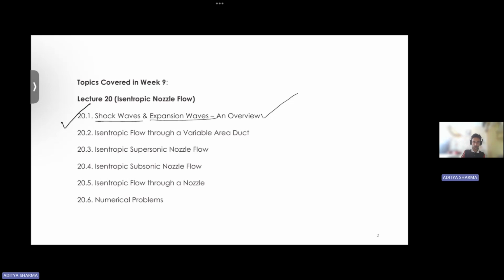Then the next topic is isentropic flow through a variable duct. In the initial lectures, this isentropic flow through a variable duct was introduced.